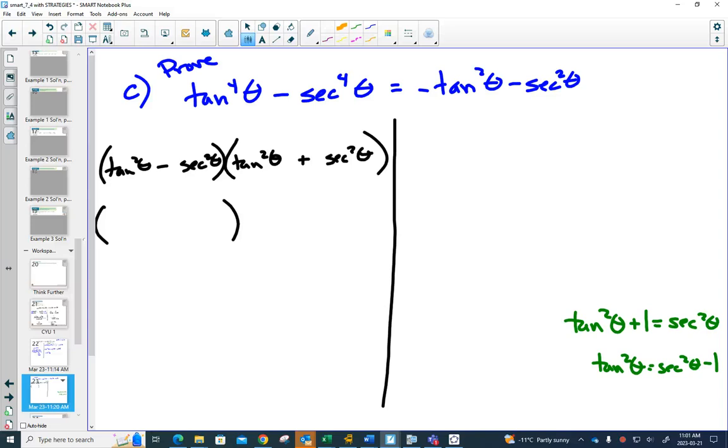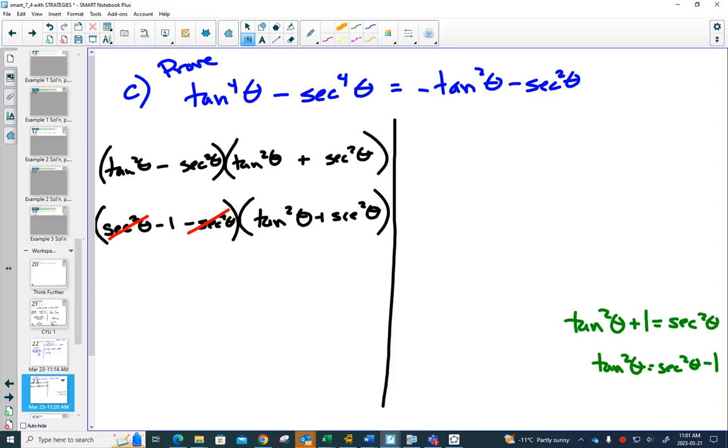Let's see what happens. So I change tan squared to secant squared theta minus 1, and then I still have minus secant squared theta, and this is still tan squared theta plus secant squared theta. And sure enough, secant squared minus secant squared would simplify, leaving me with just a minus 1.